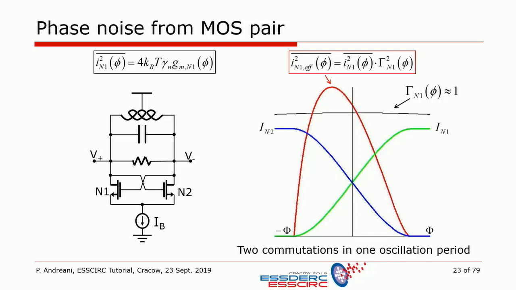So it's just across this segment here, and we multiply this GM, this current noise, with the associated gamma function. In this case, actually, the gamma function is pretty close to 1.